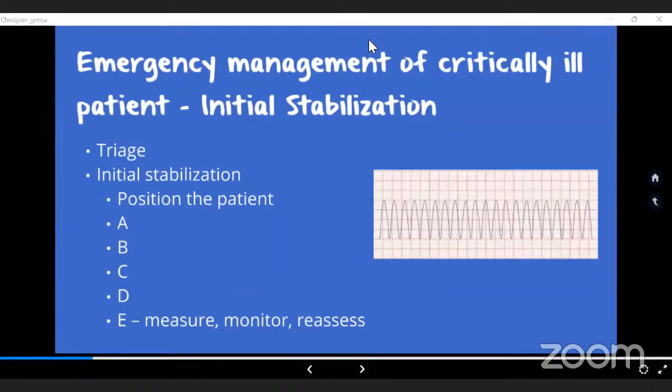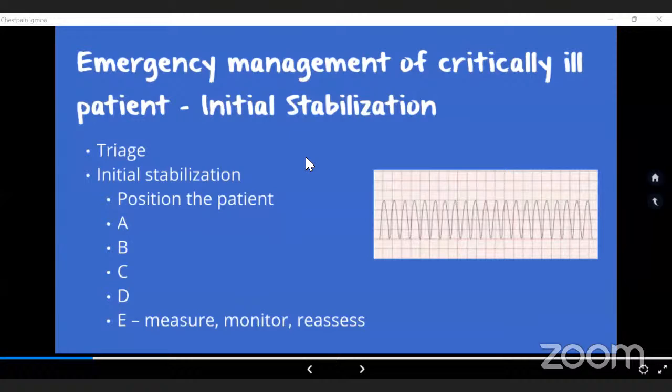The initial stabilization includes positioning the patient, assessing the airway to see whether it is patent, and if it is not patent, you have to make sure that it is patent, and you assess the breathing. And as Dr. Bandara said, you check for immediate life-threatening causes in breathing, like tension pneumothorax or bronchospasm. And you go on to the circulation to see whether this patient is hemodynamically stable.